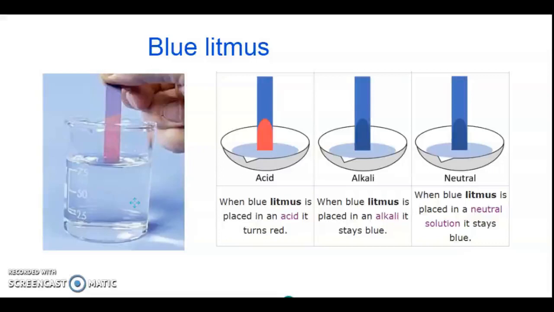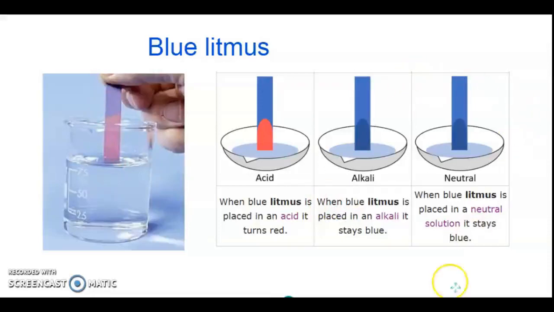So, by using red litmus paper, we can detect whether a given solution is basic if it turns red to blue. And by using the blue litmus paper, we can say whether a given solution is acidic when the blue litmus paper turns from blue to red.